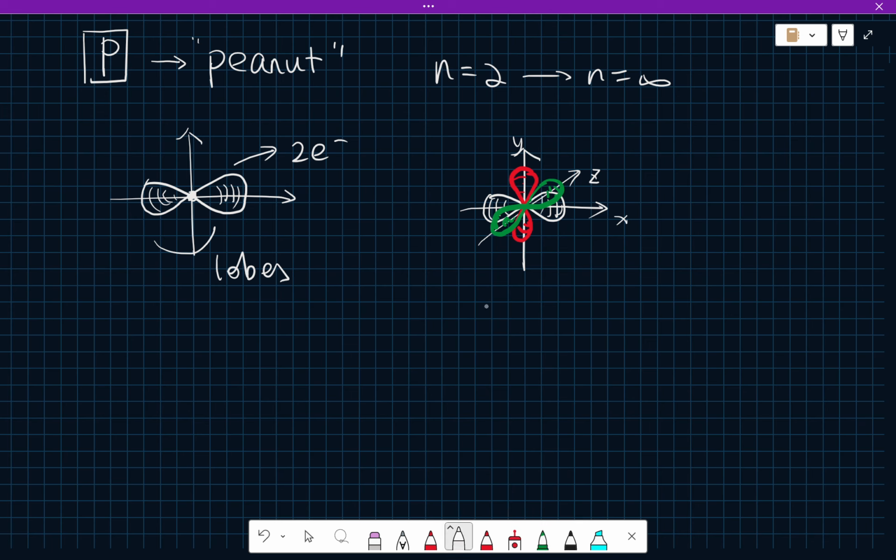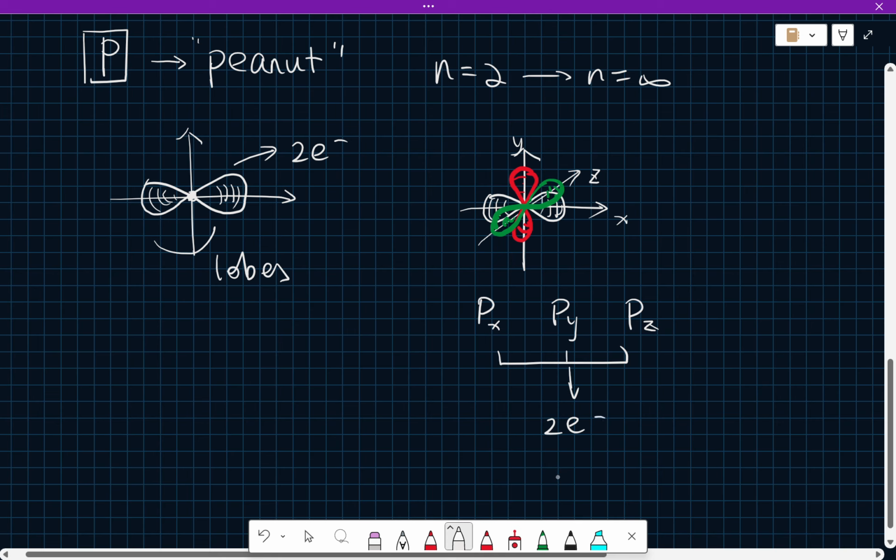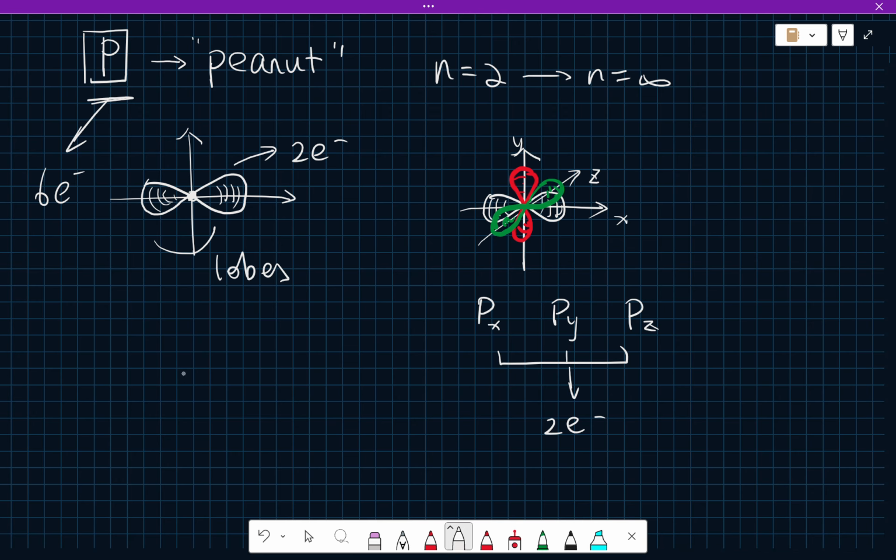So we would have px, py, and pz. And each of these p orbitals can hold 2 electrons each. So in total, we would have 6 electrons for p orbitals.